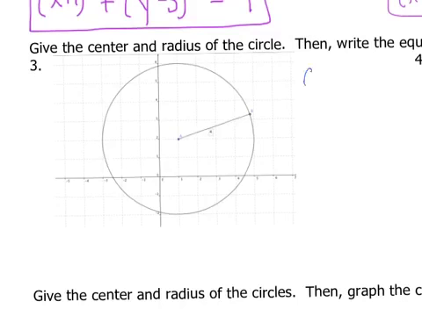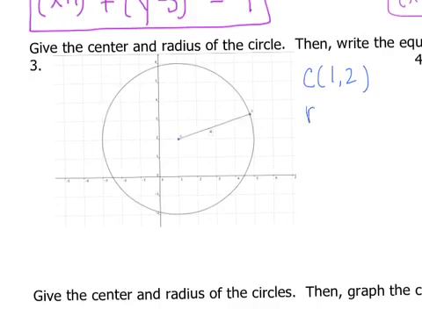So where is the center of that circle? What are the coordinates of the center of that circle? Colton? 1, 2. Exactly. What you'll typically see for the center is a capital C and then just parentheses with the coordinates. That says what the center is.